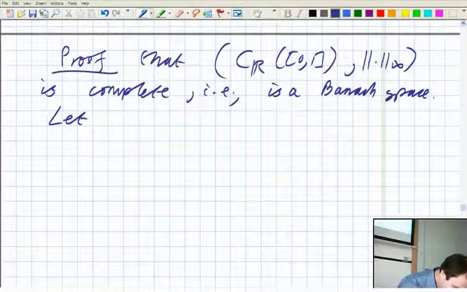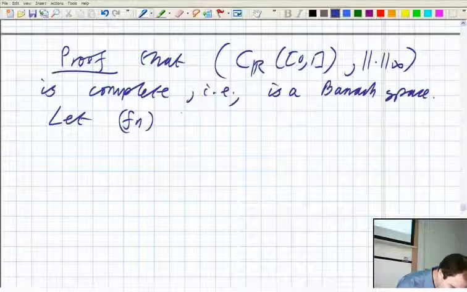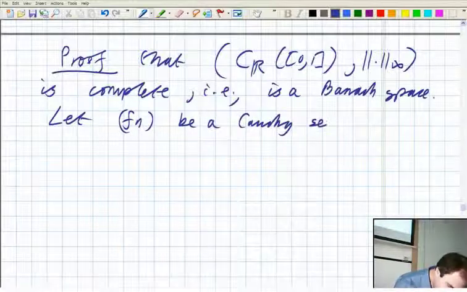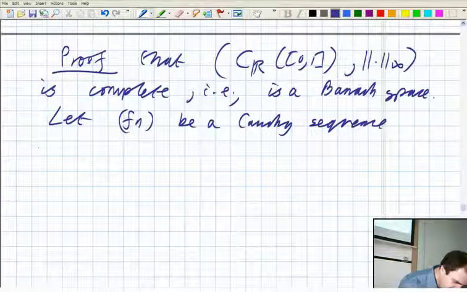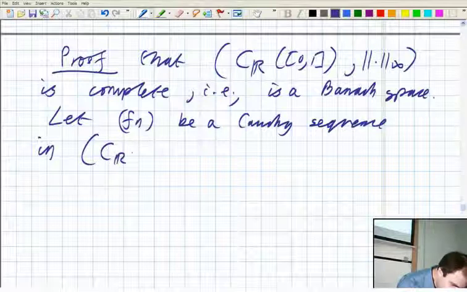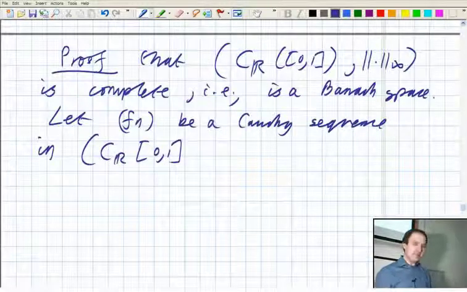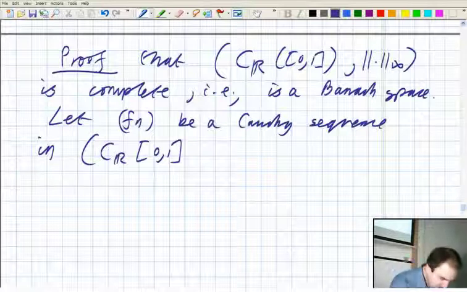So let f_n be a Cauchy sequence in this space. And I don't need to put the brackets around 0, 1. It's fairly standard that you can miss those out or put them in. It doesn't make any difference.